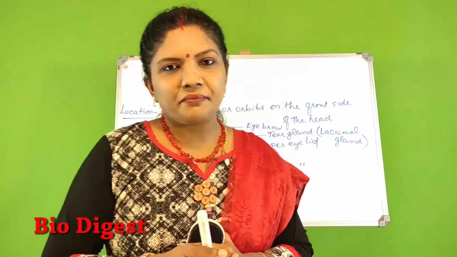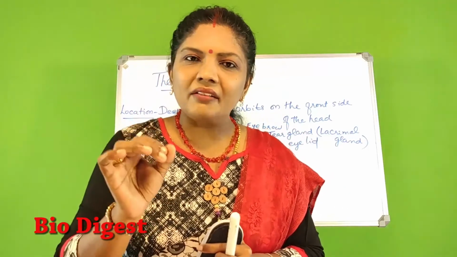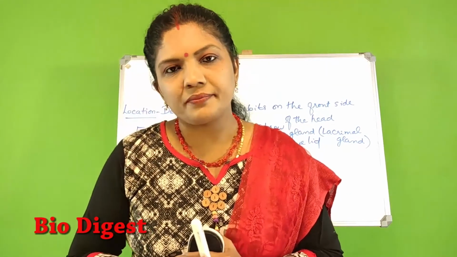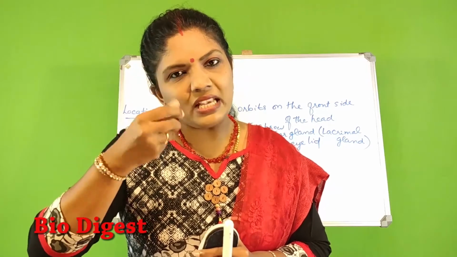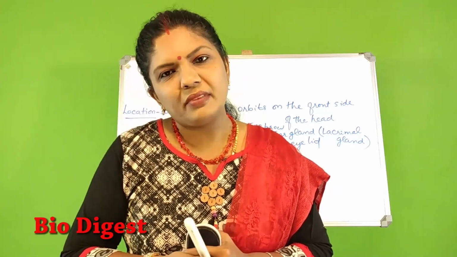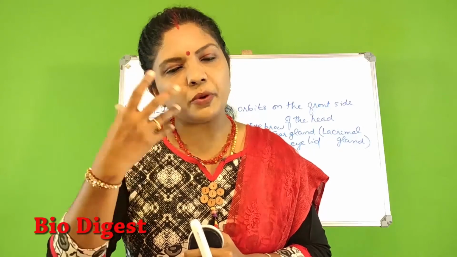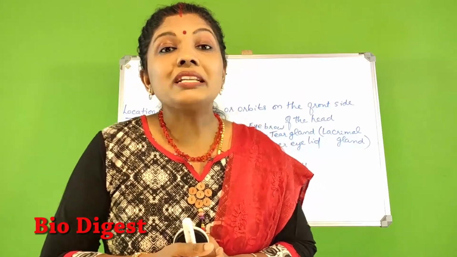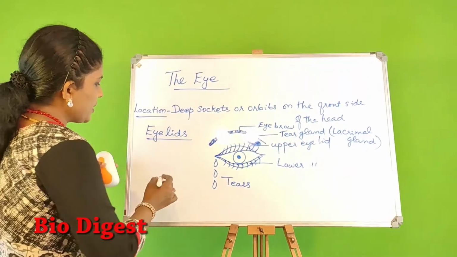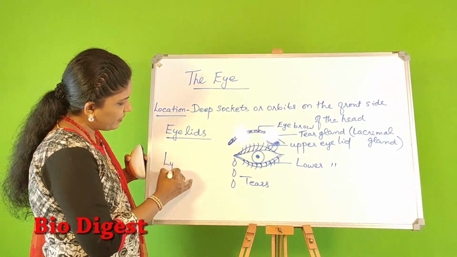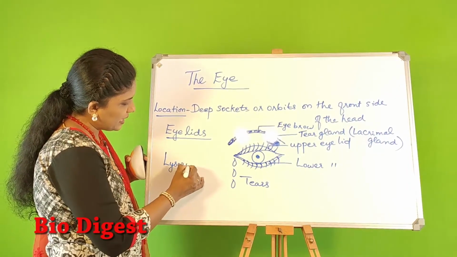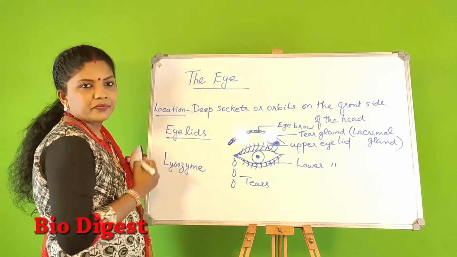Another is, when you are having certain eye infections, you can see that always the eyes will be watery. That means always tears will be produced. Why? Because the tears have one enzyme called lysozyme.